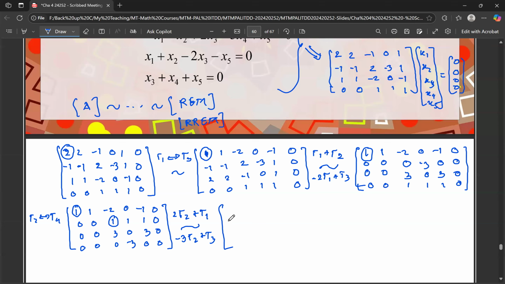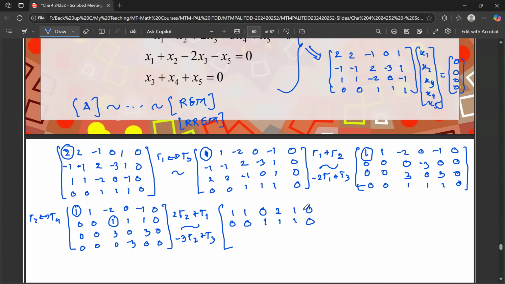R2 is not affected. We keep 0, 0, 1, 1, 1, 0. We multiply by 0, so this is not affected, this will be 0, this will be 2, plus 2 times 2 plus 0, and this 2 will be 1.